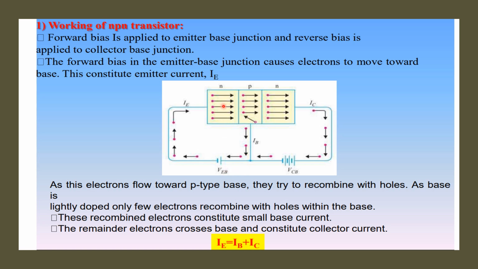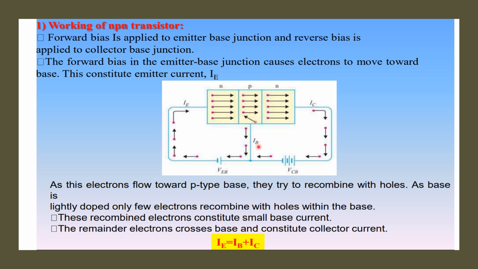Electrons will flow from emitter to base. Some of the electrons recombine, because the base is P-type. P-type means the majority charge carriers are holes. Some of the electrons recombine in the base with the holes and constitute the base current. The base current is very small, in microamperes, because the base is very thin and lightly doped.